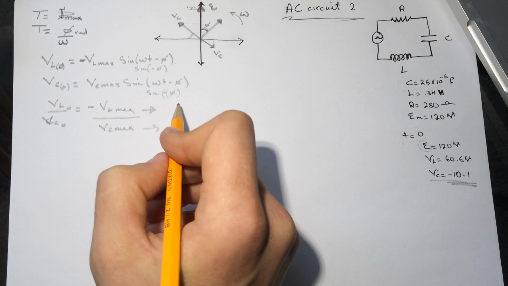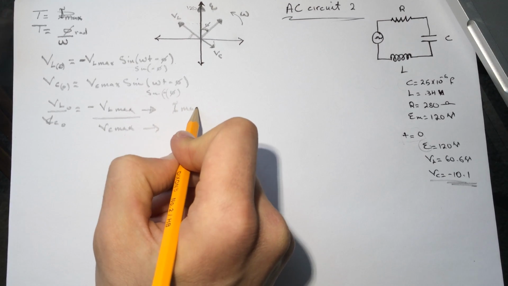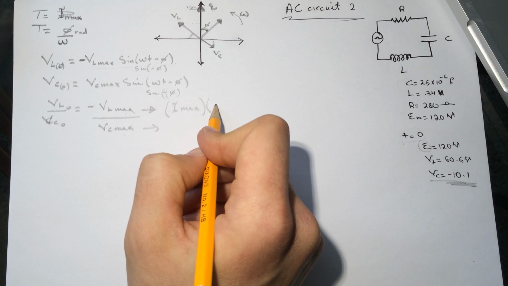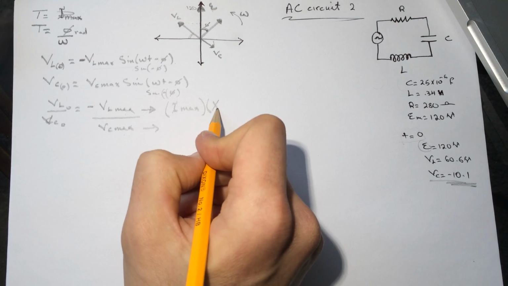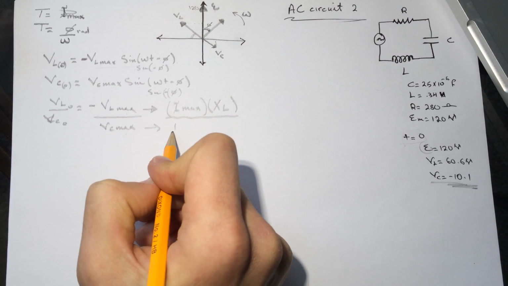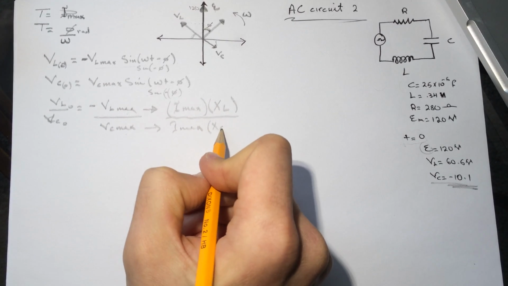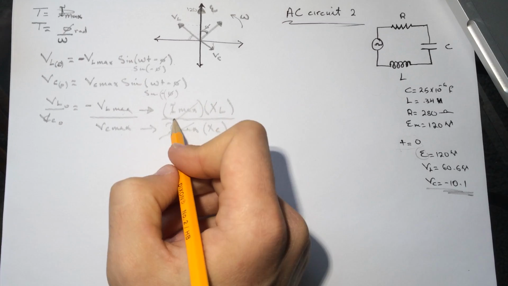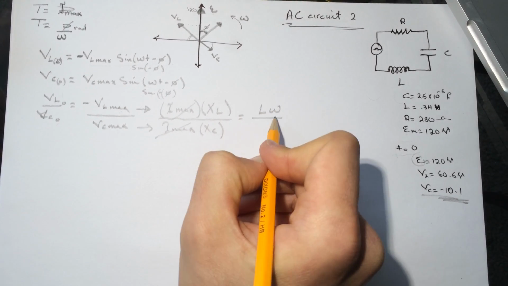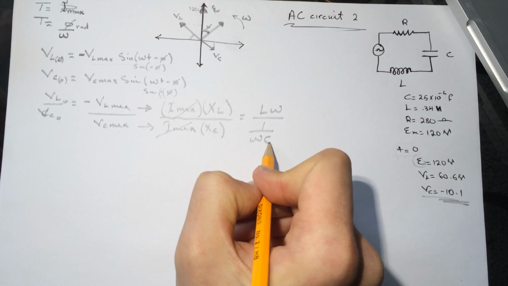So what is the VL max? VL max is I max times the XL, and the VC max will be I max times the XC. Okay, so we can cancel the I max, and the XL is L omega, and then the XC is 1 over omega C.